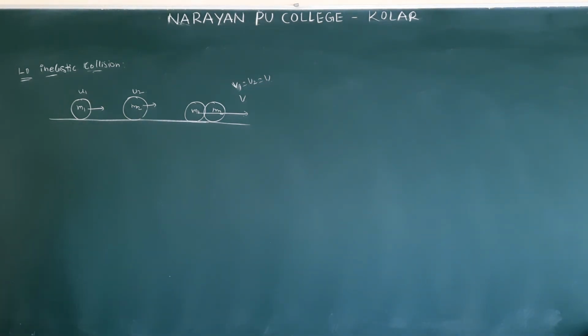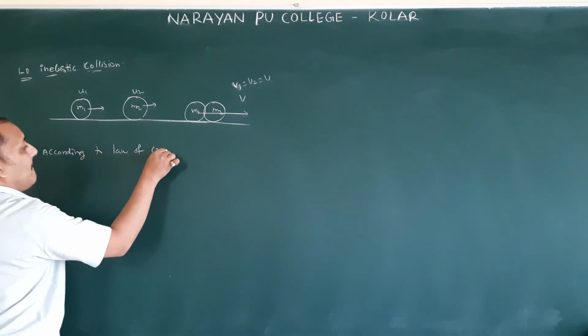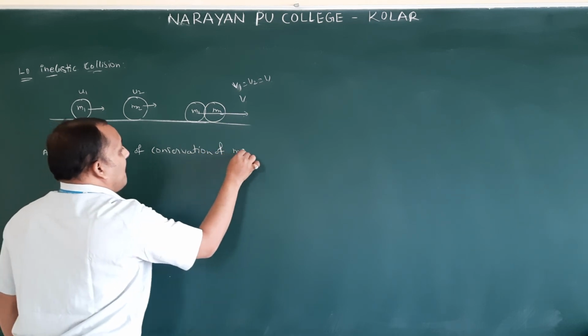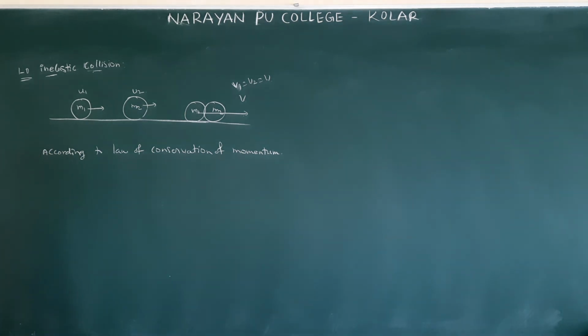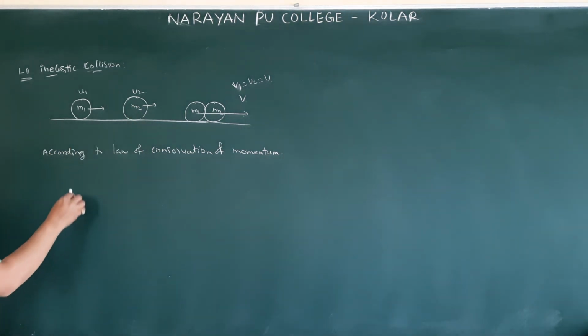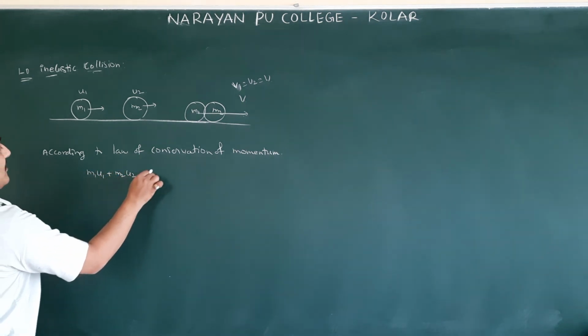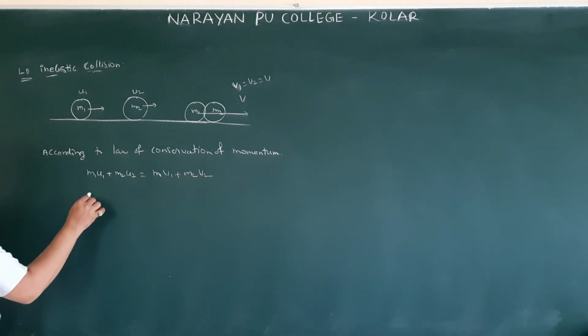First we will see according to the equation. According to the law of conservation of momentum, momentum before collision equals momentum after collision. That is M1 U1 plus M2 U2 is equal to M1 V1 plus M2 V2.